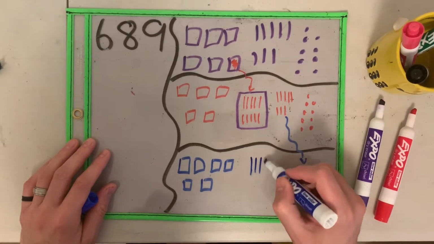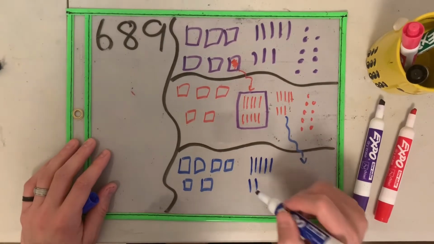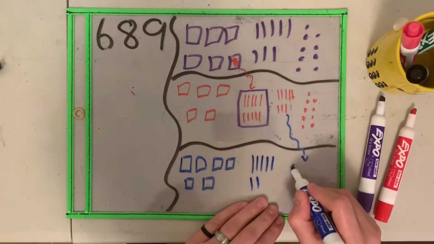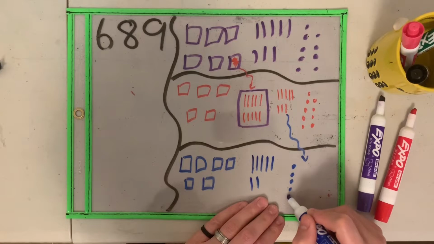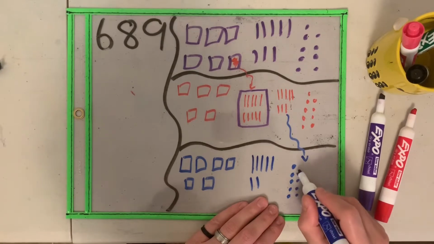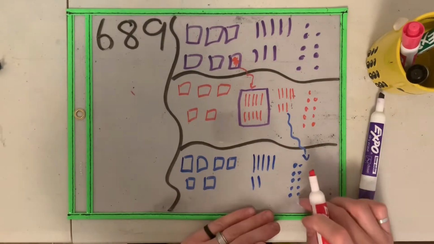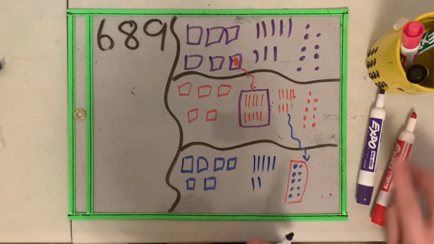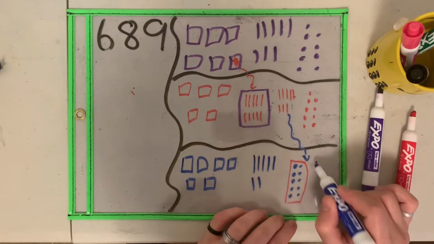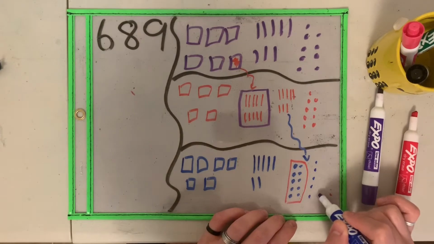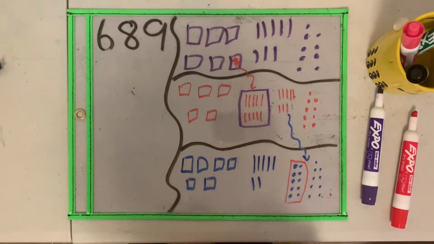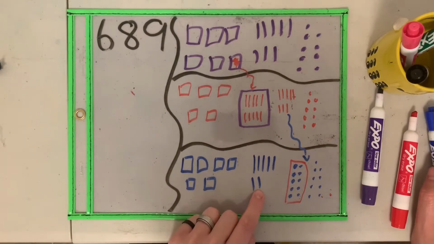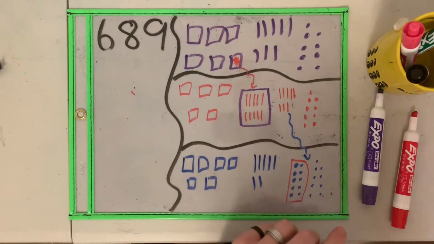I have 7 because this one I changed into ones. We need to remember that 10 ones equals 1 ten. And I have here 9 ones. So we have here 617 tens and 19 ones.